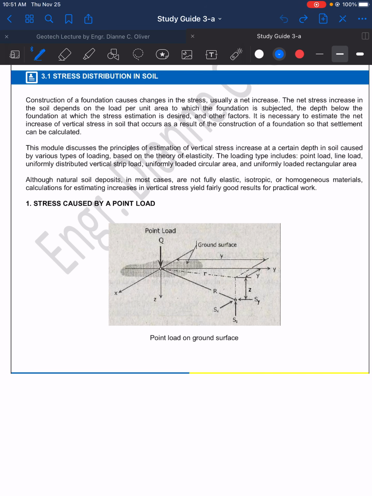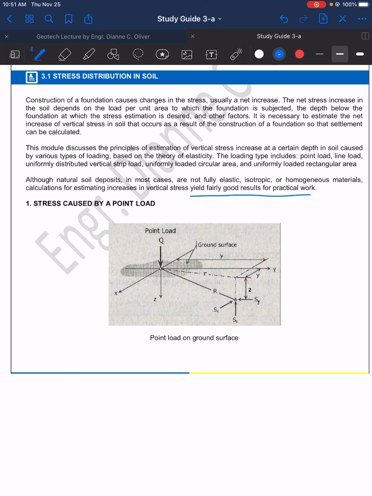Although natural soil deposits in most cases are not fully elastic, isotropic, or homogeneous materials, calculations for estimating increases in vertical stress yield fairly good results for practical work.